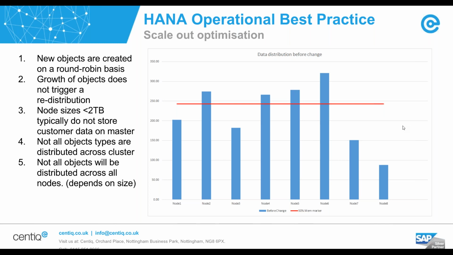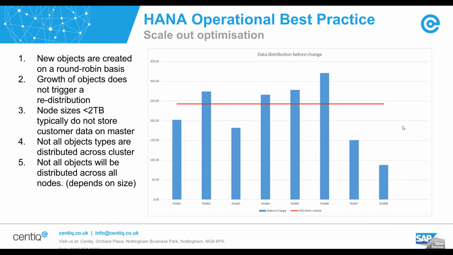DSOs are partitioned depending on size as well, so they'll be hash partitioned. If they're big enough, they'll go on to more and more nodes in the cluster. So you might still get some smaller ones which are just on one node, others that are on 3 nodes, others that are on 7 nodes. On top of this, you've got the master node, which aggregates most of the results and does lots of hard work, so the system is set up so that it doesn't store data on the master node unless your system is very large.